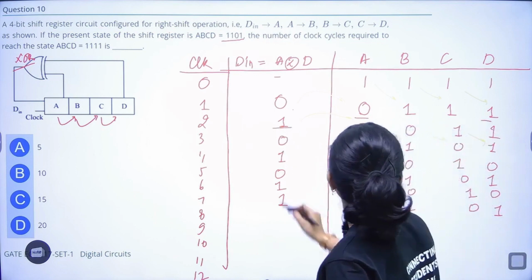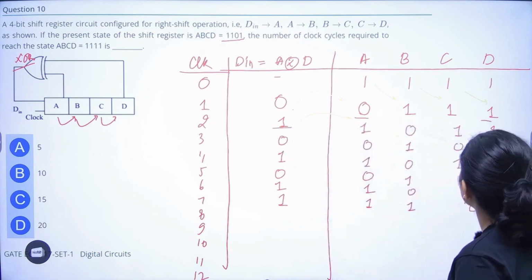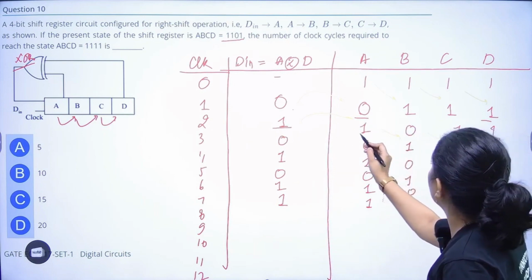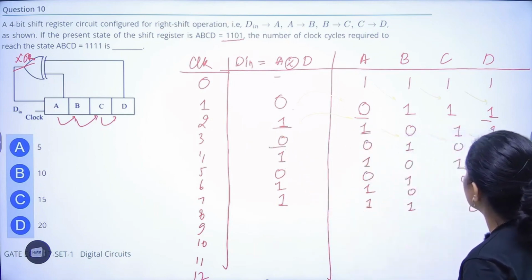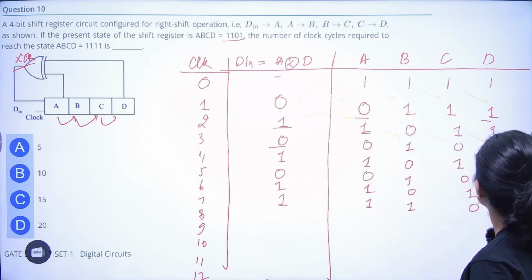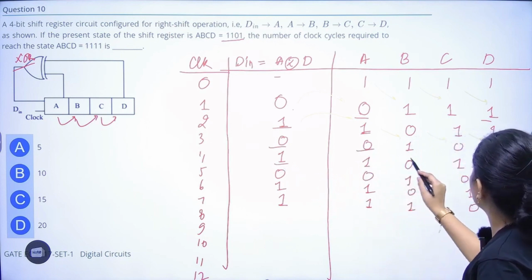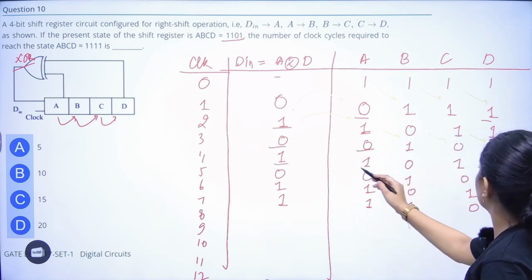XOR is 1, so 1, 0, 1, 1. 1, 1 XOR is 0, so 0, 1, 0, 1. 1, 0 XOR is 1, so 1, 0, 1, 0.